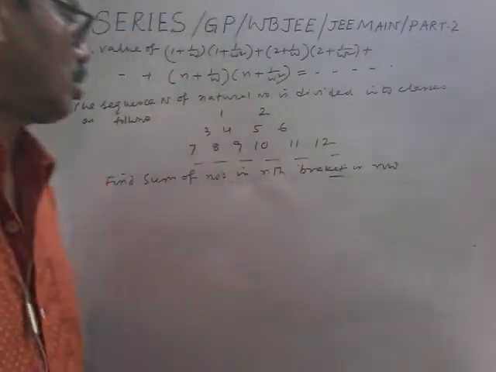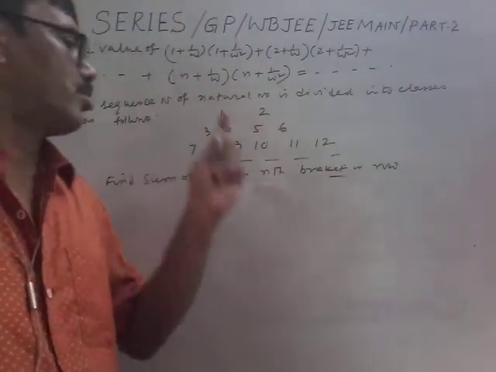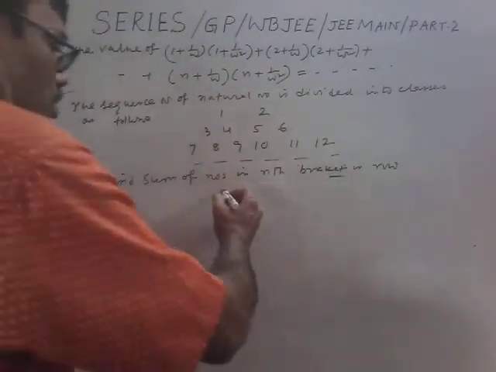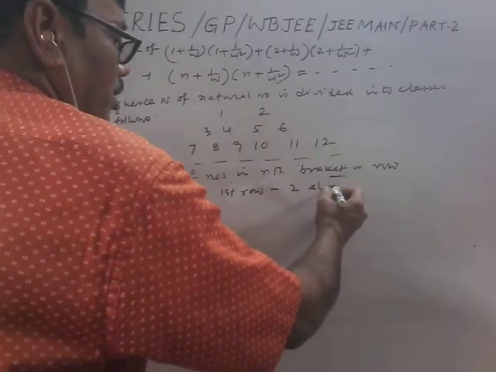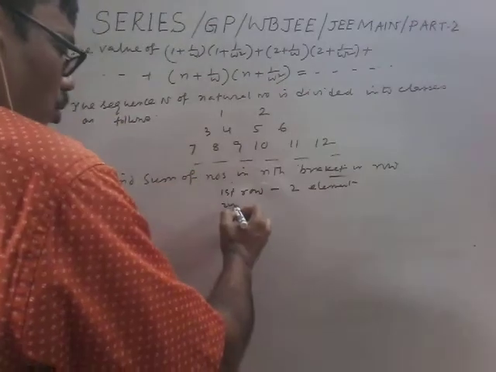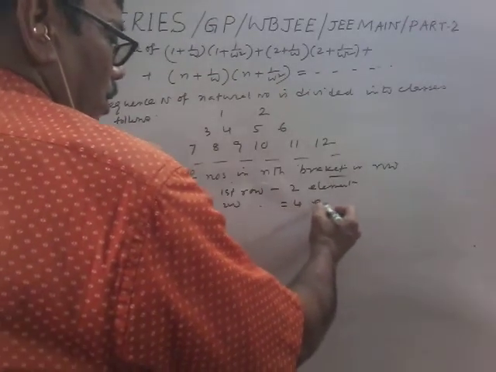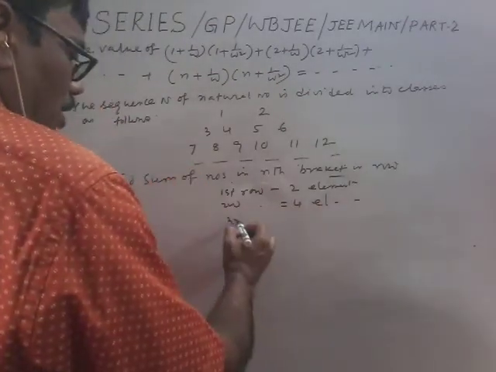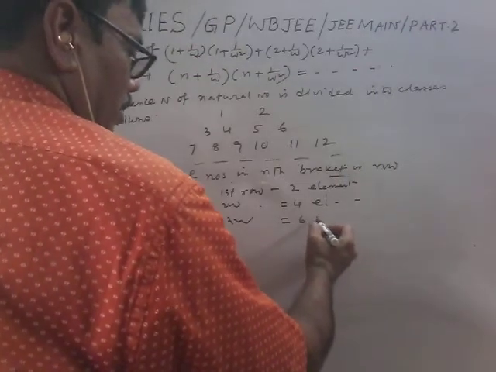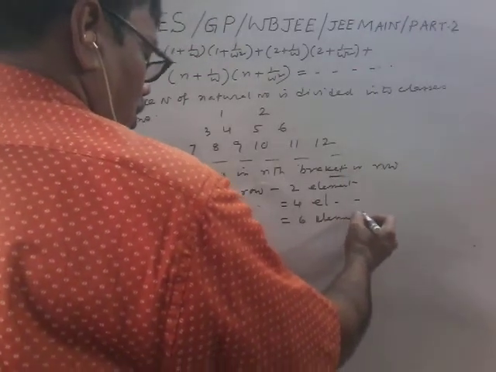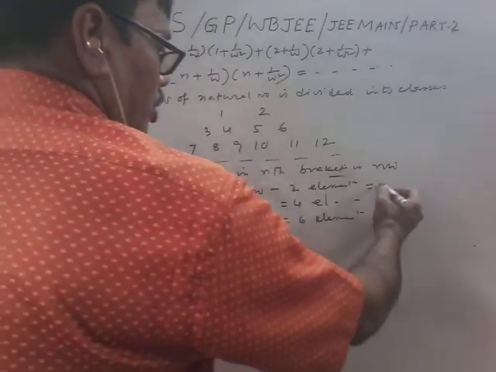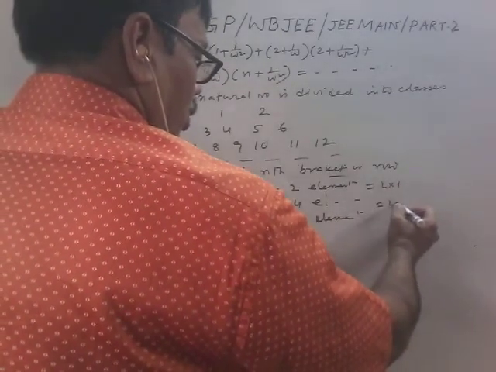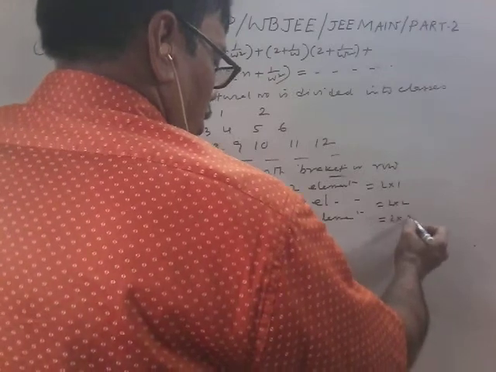Look, the first row contains only 2 elements. Second row 4 elements. Third row 6 elements. So what is the nth row? The nth row contains, so this is 2 into 1, 2 into 2, 2 into 3.